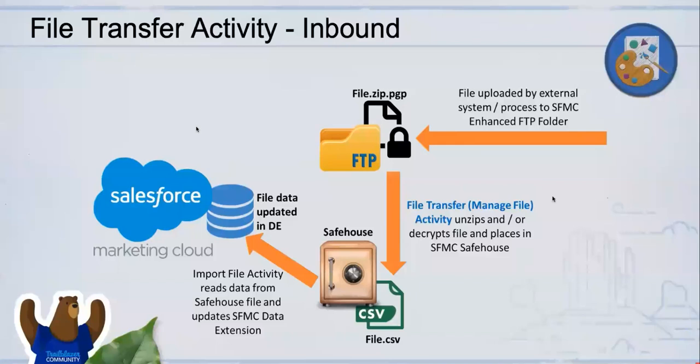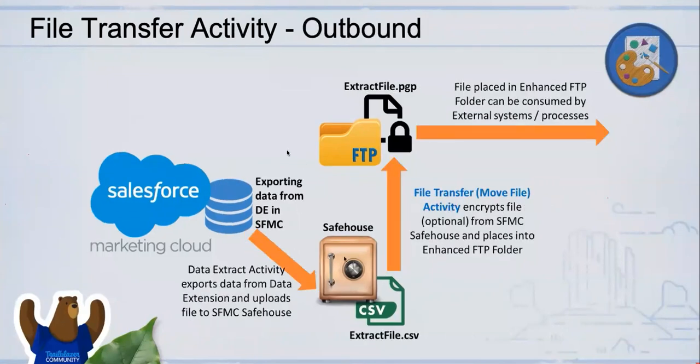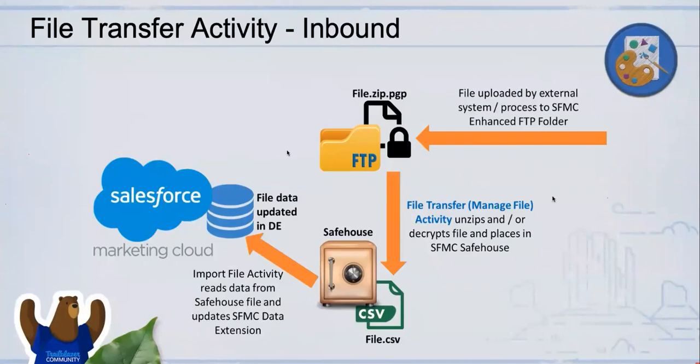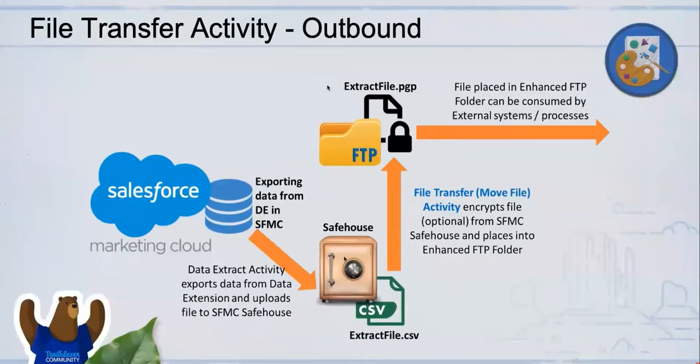So file transfer activity can be understood in two types, as in file transfer can do two types of activities. One is inbound. Inbound means an external file being uploaded or transferred into Marketing Cloud, or a file transfer activity configured for an outbound activity.